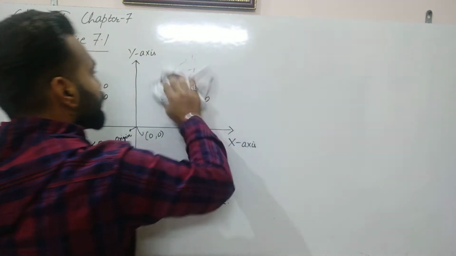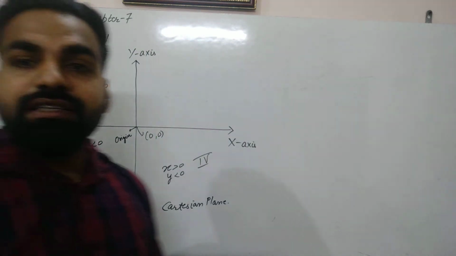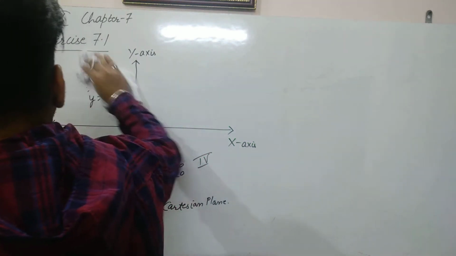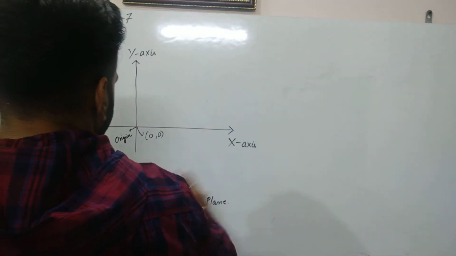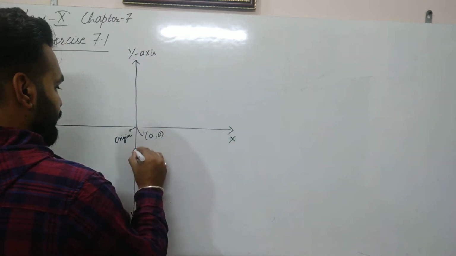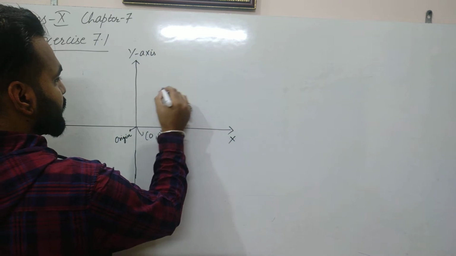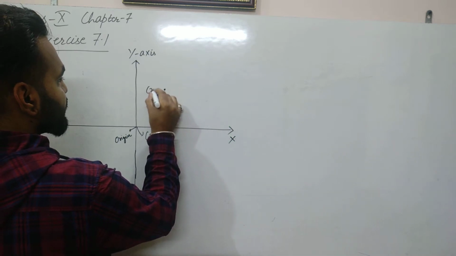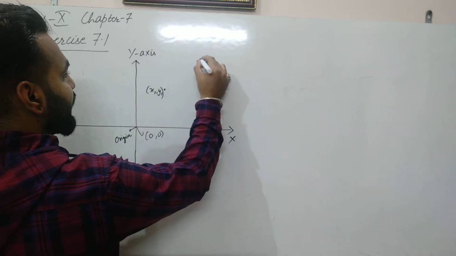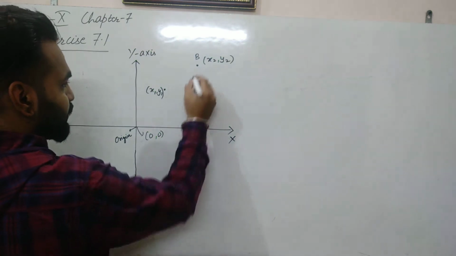Now we have to do the distance formula. If 2 points are given on the graph, on the plane, then how to find the distance between them? So let us say this is point A, which has coordinates x1 comma y1, and this is point B, it has coordinates x2 comma y2.